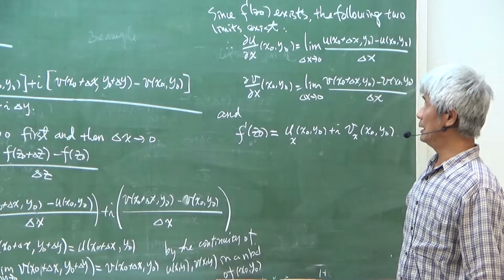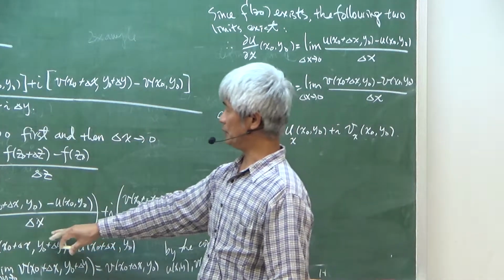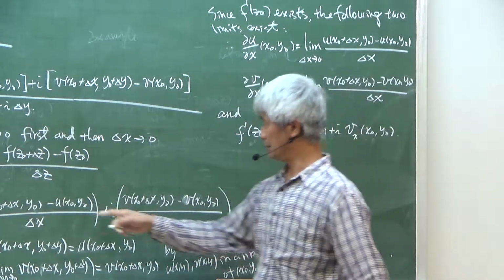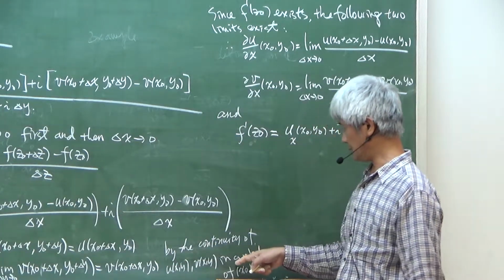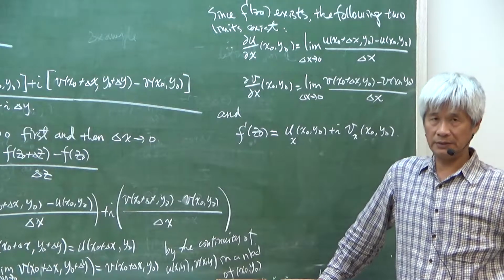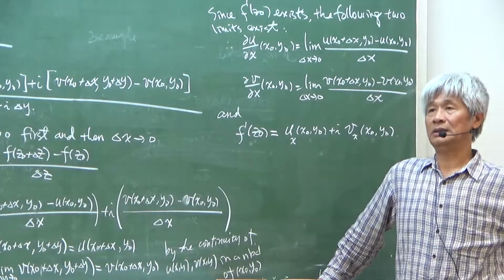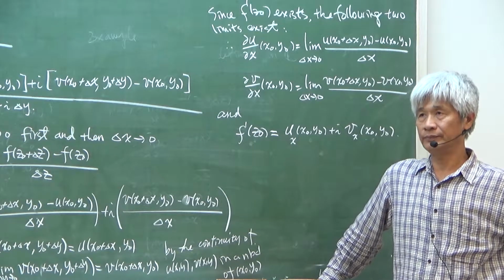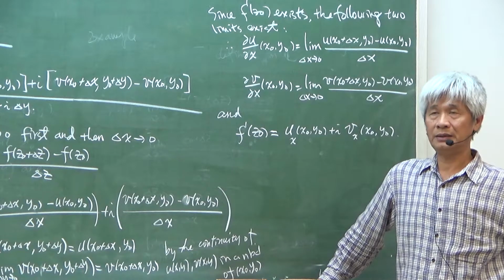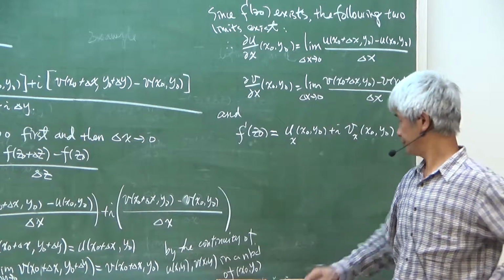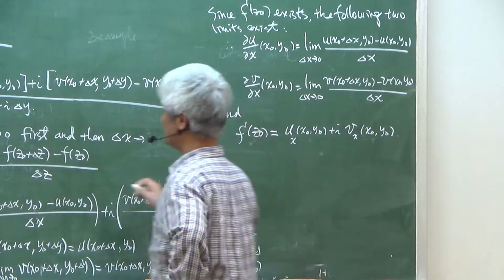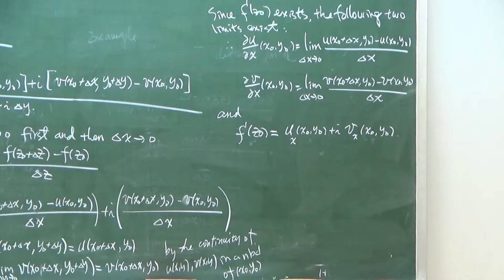In the intermediate steps, we use the fact that u and v are continuous functions in a neighborhood of x0 and y0, so we use continuity. Any questions? All right, and now the second thing is we do bypass two.